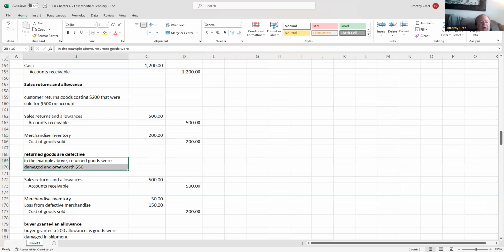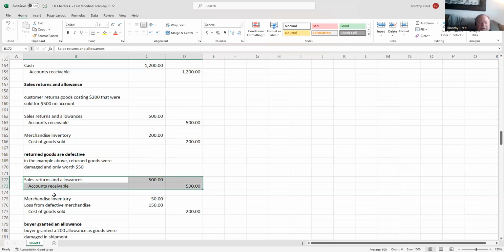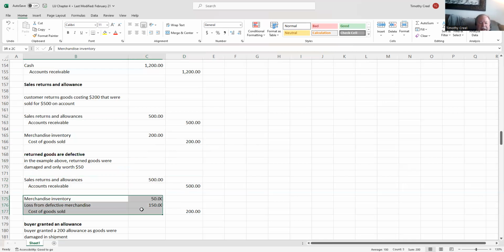So in the example above, what if the returned goods were damaged and only worth $50? Then we would reverse the sale, much like we did up above, with a debit to sales returns and allowances and a credit to accounts receivable. But notice how we would handle the damaged merchandise. We would debit merchandise inventory for $50, which is what the damaged merchandise is worth now.